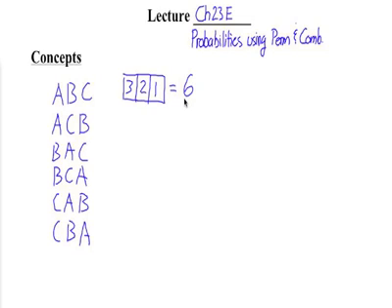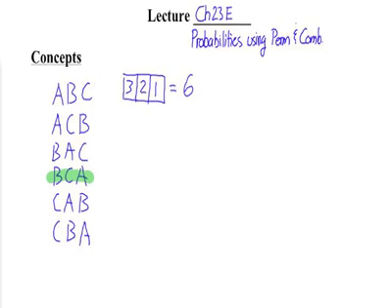Let's say that these letters were written on Scrabble tiles, and that those tiles were placed in a bag. What's the probability that I would choose 3 tiles in the exact order BCA? So if I was to choose these tiles out of a bag, what's the probability that it would be in the order BCA?